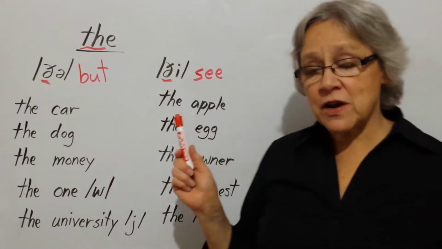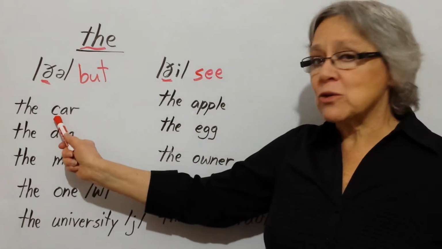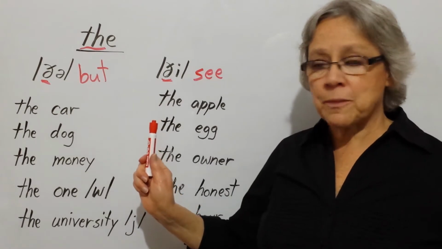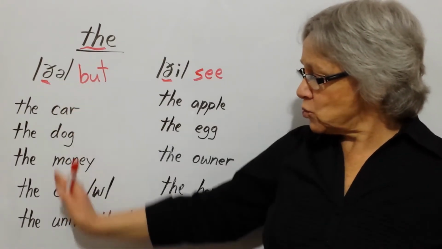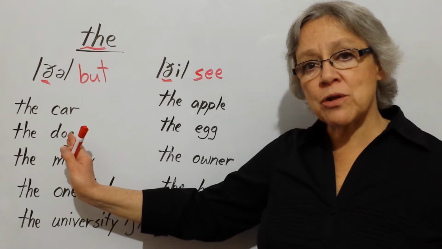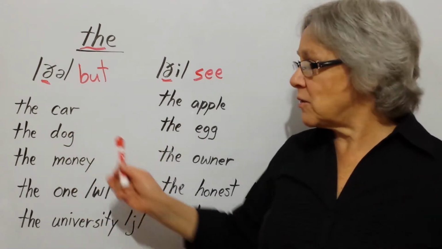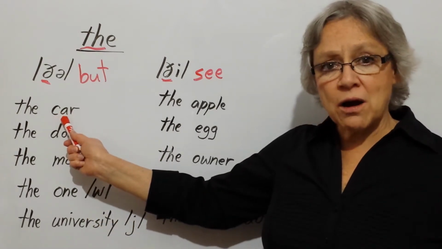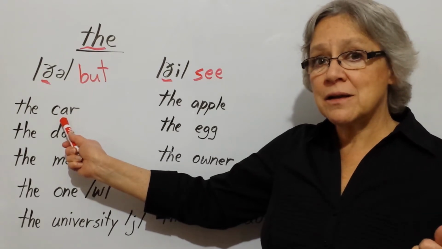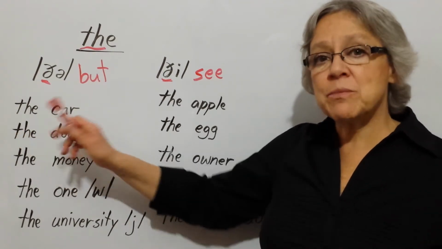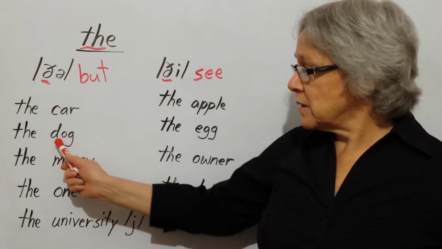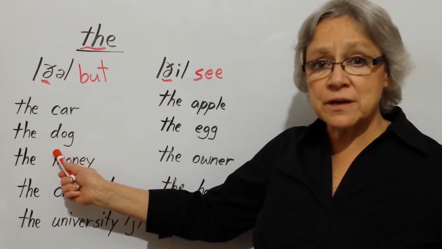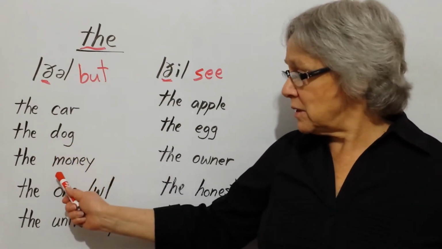Now I want to clarify that I'm talking about sounds, not letters. If we look here, each word following the word "the" begins with a consonant sound. I have car, it begins with k. This is the letter C, but the sound k. Dog begins with d, the consonant sound d.